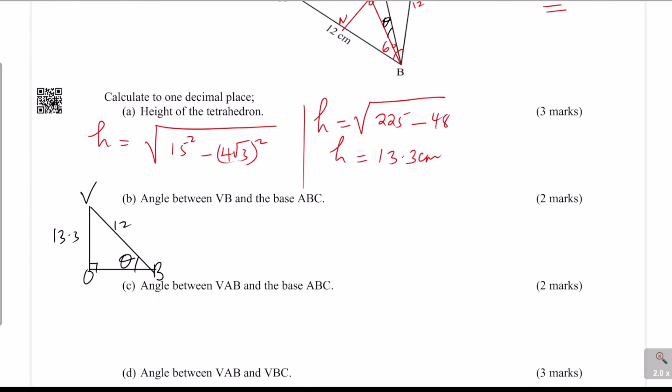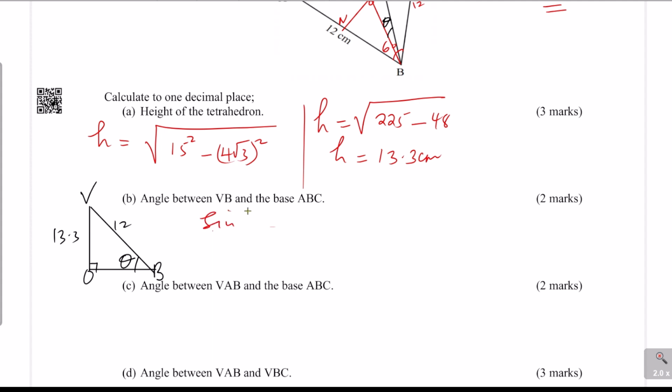So this one, you get the angle by, you can use tangent. So tangent of theta is equals to opposite. Well, is tangent going to work? No, I think sine is going to work better than this. So sine is going to work because we have the opposite side.